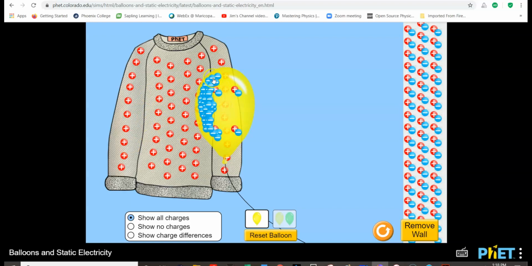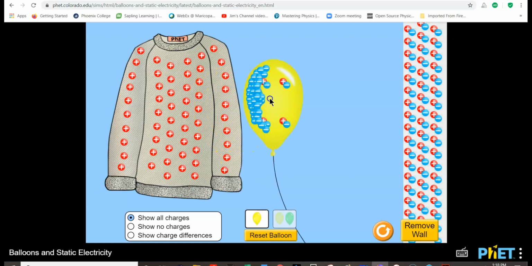Here we go. You have all the electrons that are now gathered on this insulator. Notice the place where I rubbed it is where the electrons are now gathered. And now those electrons, since it's an insulator, are stuck on this side.